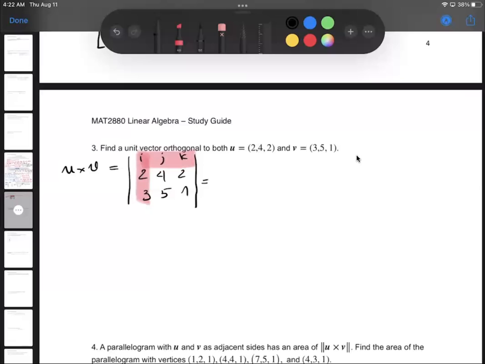B minus C. Okay, so this chain of, so negative 1 here, negative, negative.